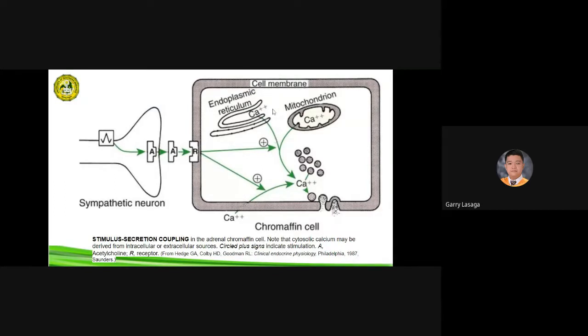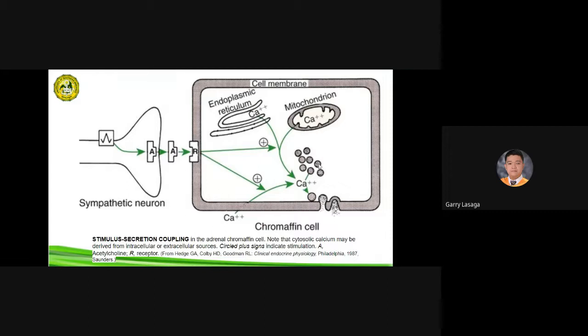release of calcium ions coming from the ER and the mitochondria. The calcium ions will be released from these structures here, and it will also open the calcium channels in the cell membrane so that the calcium will be imported from the outside to the inside. These calcium ions will be important in order to initiate exocytosis from the chromaffin granules.